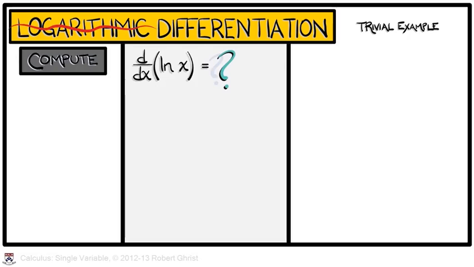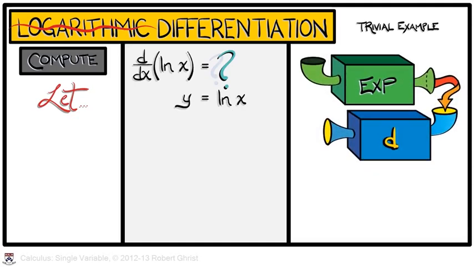Now, we both know the answer to that, but let's apply a similar methodology. We'll let y be equal to log of x. And now, how do we simplify this? Well, we can apply the exponentiation operator and then apply the differentiation operator. So exponentiating this equation gives e to the y equals e to the log of x. That is, x.